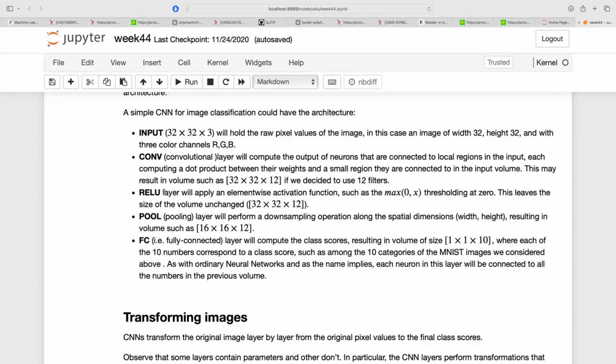And then there is a so-called ReLU layer where you apply an element-wise activation function. And this leaves the volume unchanged. So this ReLU layer is fixed from the beginning. So you don't change the parameter of that specific activation function. Now, the weights you will have in the filters, they are being trained by backpropagation.